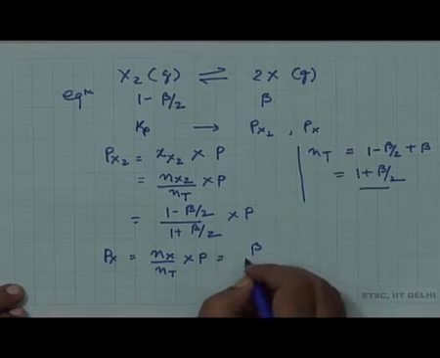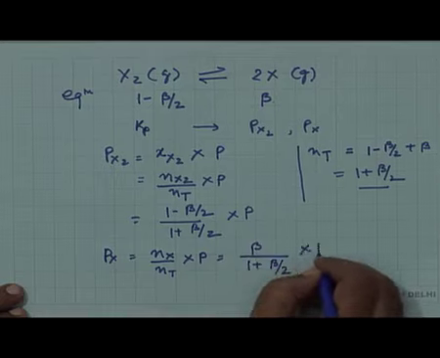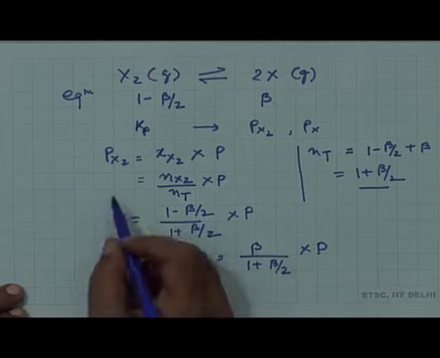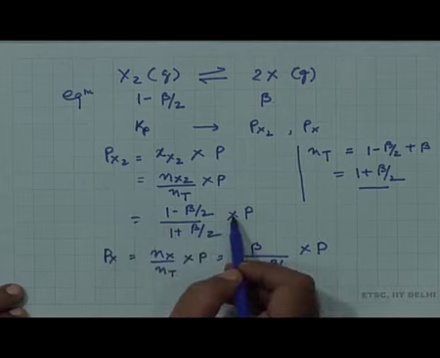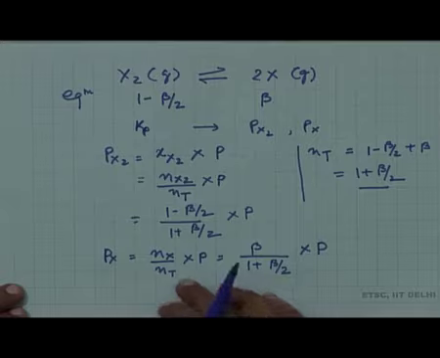So, beta divided by Nt, which is 1 plus beta by 2, into total pressure. So, now we know what is Px2 and we know what is Px, we can calculate the Kp value.